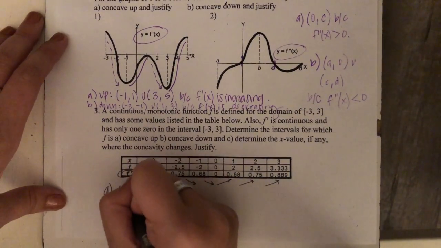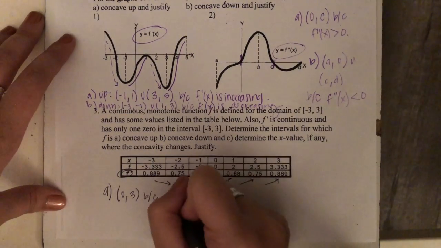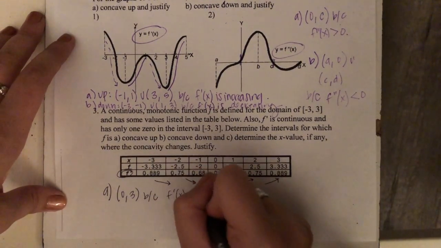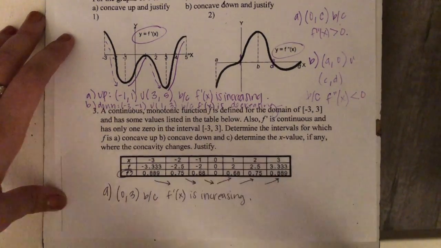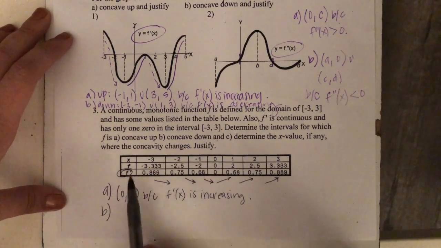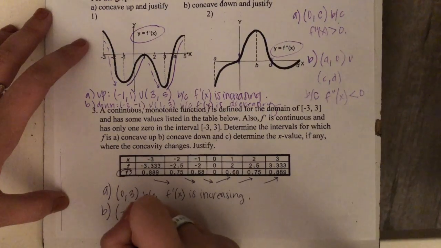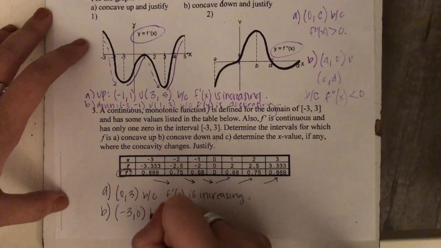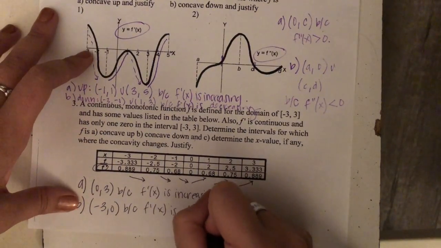Okay, so I am concave up from 0 to 3, and then we're going to justify because f prime of x is increasing. B, we want to look where it's concave down, which is where f prime of x is decreasing. So I am going from -3 to 0 because f prime of x is decreasing.